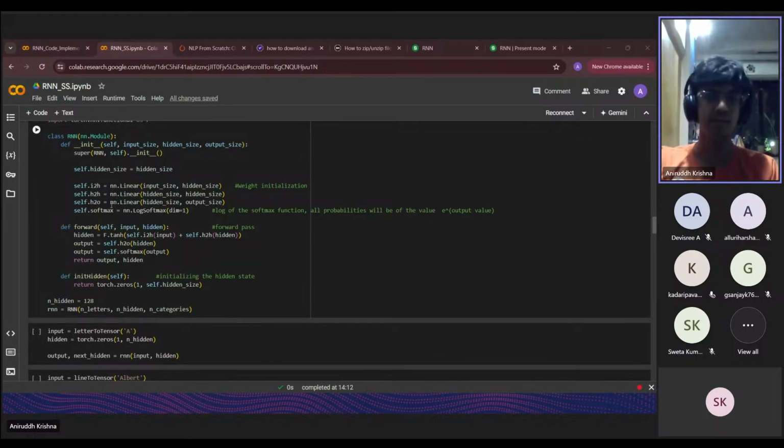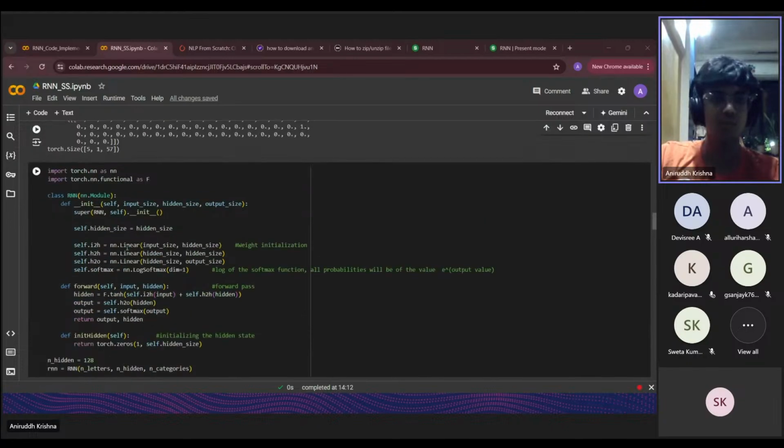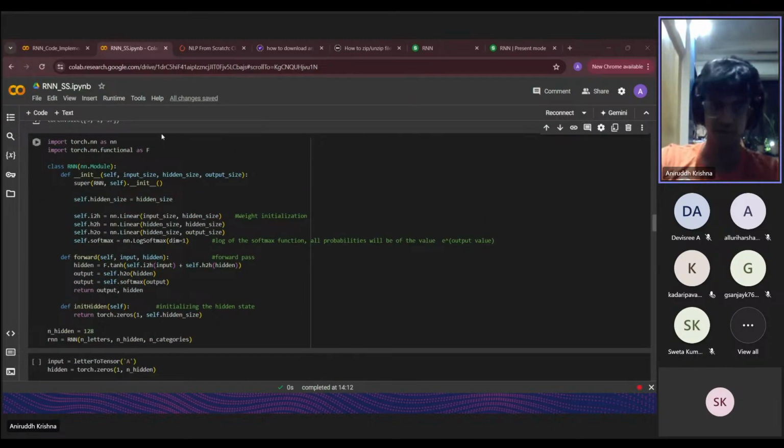After that, we go to the forward pass. The forward pass takes in self, the input that we will give it, and hidden, which is the previous hidden state. Here I'm using the functional library that I imported, so to use tanh I do not need to define the tanh function; PyTorch gives it to me directly. It wants to make my life easy. So I have imported the neural network module from Torch, and functional from it.